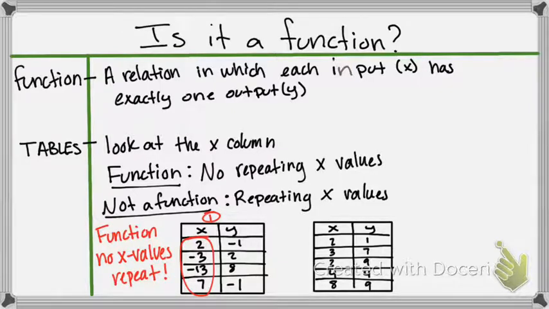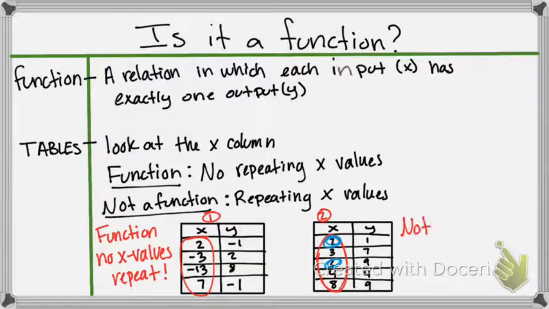For our second table, we're only looking at our x values. And if you see, we have 2, 3, 2, 4, and 8. This 2 right here, this one and this one, they're repeating. So if x values repeat, that means it is not a function.